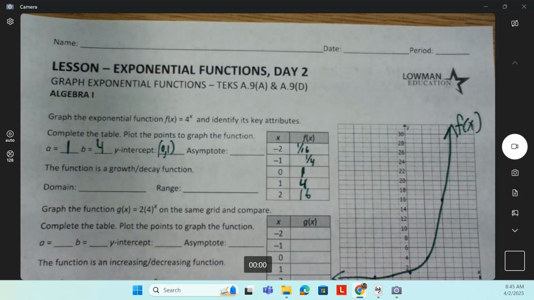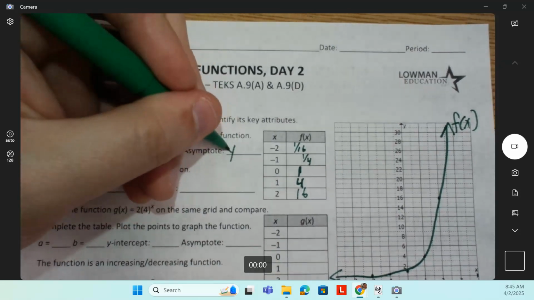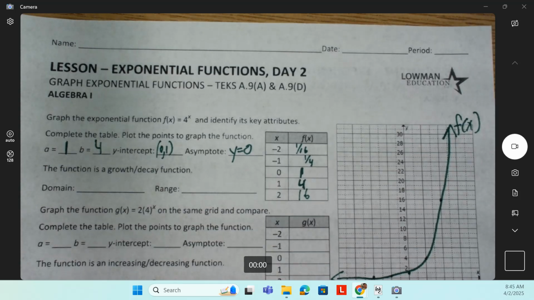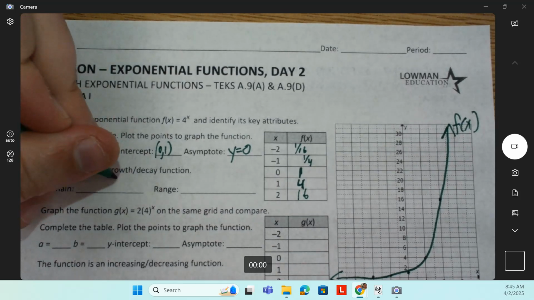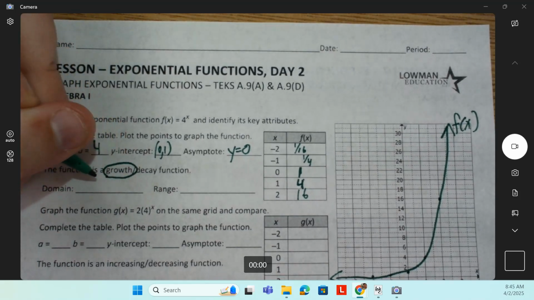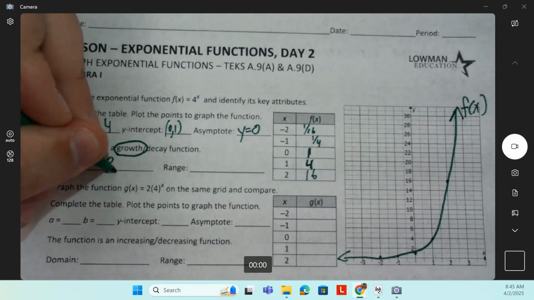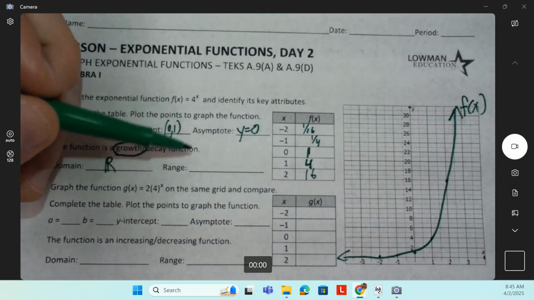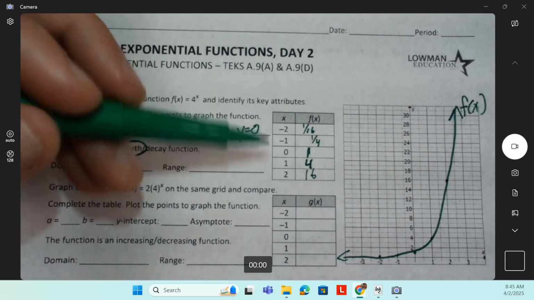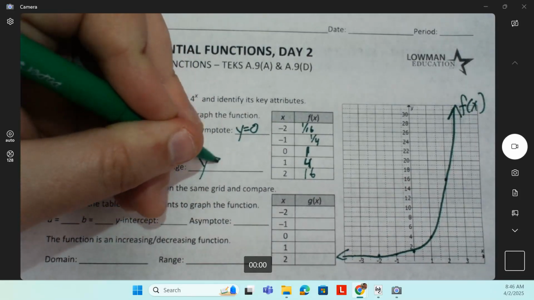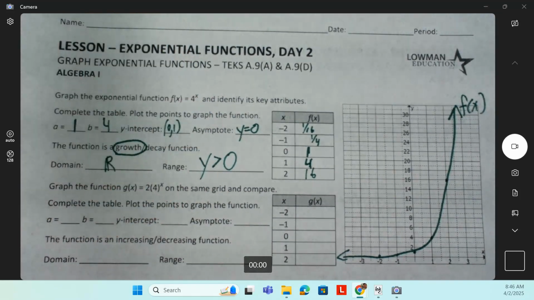And that asymptote was y equals 0. It is going to be growth. And same as yesterday, our domain will still be all real numbers. And our range is that asymptote and decide whether it's going up or down from it. Since it's going up, y is going to be greater than 0.